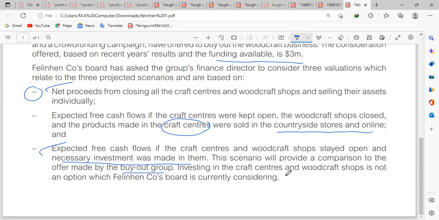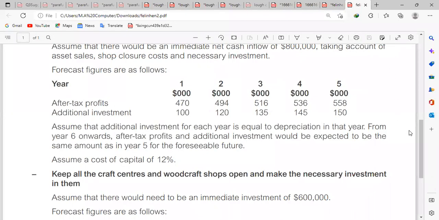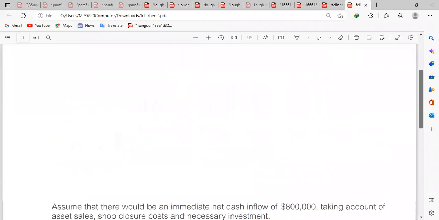Investing in the craft centers and woodcraft shops is not an option which the company is currently considering. This is the data that the examiner has provided to you.